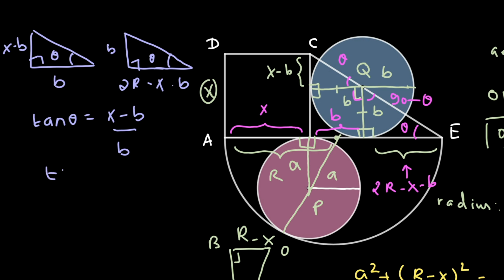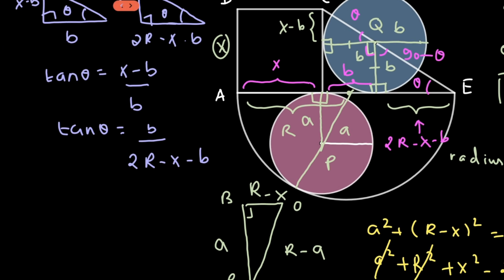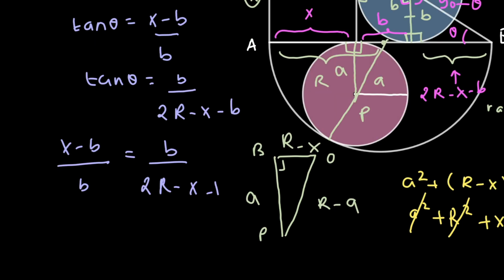So in that right angle triangle, the value of tangent of theta would be equal to b upon 2 times r minus x minus b. So now let us compare these two equations. Therefore x minus b upon b equals b upon 2 times r minus x minus b.